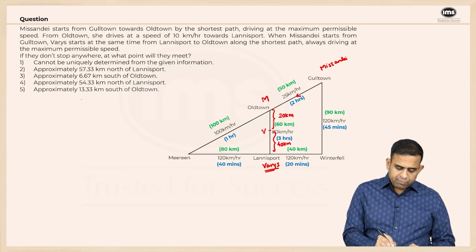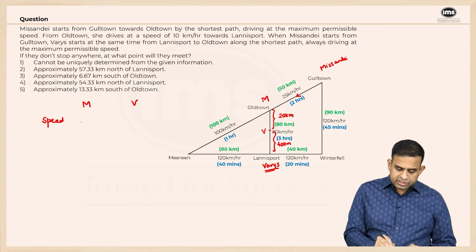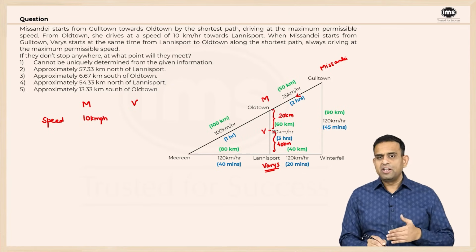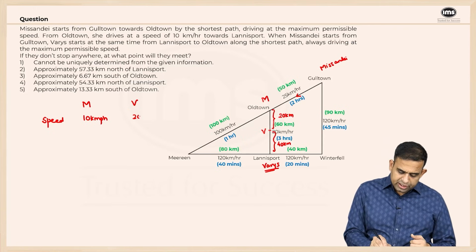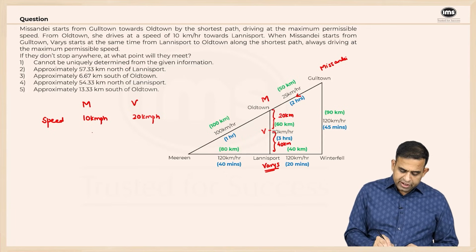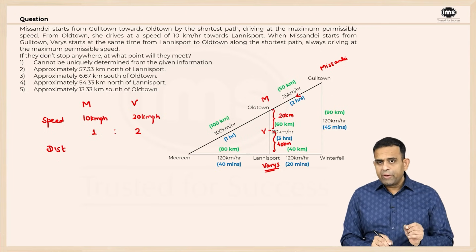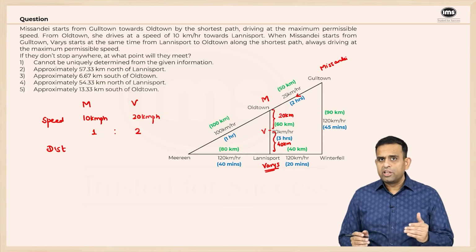And then if I compare the speed of Missandei and Varys, the speed of Missandei from Old Town to Lannisport was 10 kmph, and Varys has a constant speed of 20 kmph. So the speed is 10 and 20, so the speed ratio becomes 1:2, and that is also going to be the ratio of the distances covered by Missandei and Varys for them to meet.